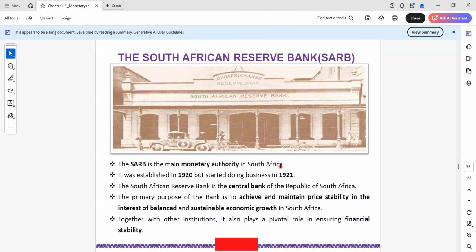It was established in 1920, but started doing business in 1921. It is also the central bank of South Africa.